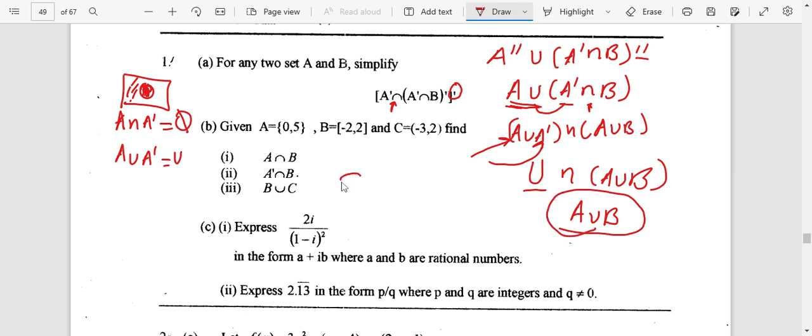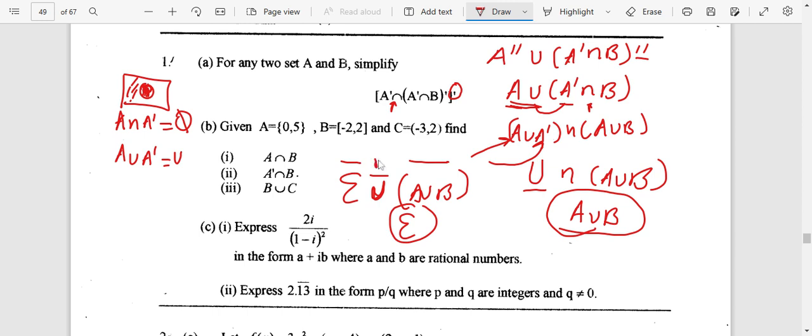But any set union the universal set, whenever you combine a small set with a very big set, you are going to get a big set. So the universal set union any other set will always give you the universal set.